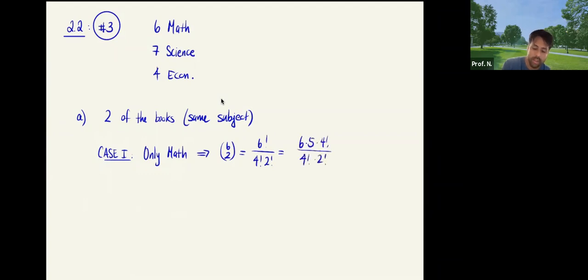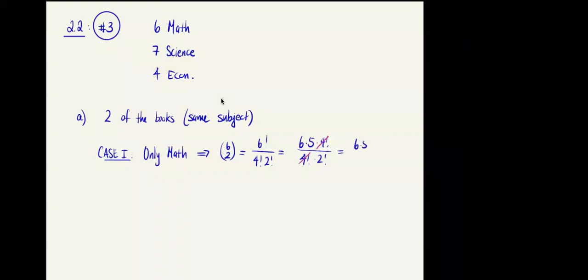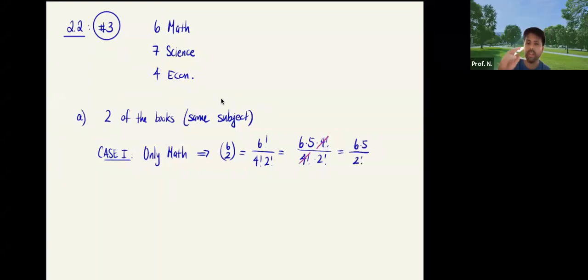Do you see where the 4 factorials cancel, and you're left with exactly what you just said? Yeah. 6 times 5, but that 2 factorial is what gets rid of the repeated case, where if you have one on linear algebra and the other one on probability, it's the same thing as saying probability first, then linear algebra. That's where the 2 factorial comes into play. So you're left with 15 ways. And then you just build yourself up from there.